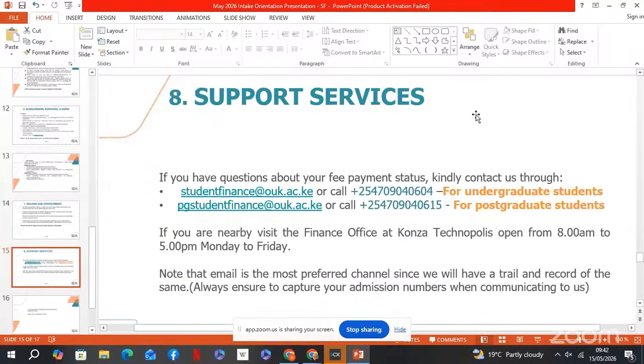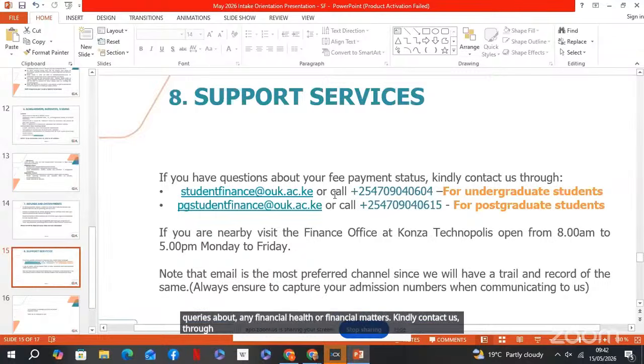So for the support services, if you have questions about repayment or any other related queries about financial matters, kindly contact us. We have 2 emails, for undergraduate students and for postgraduate students.